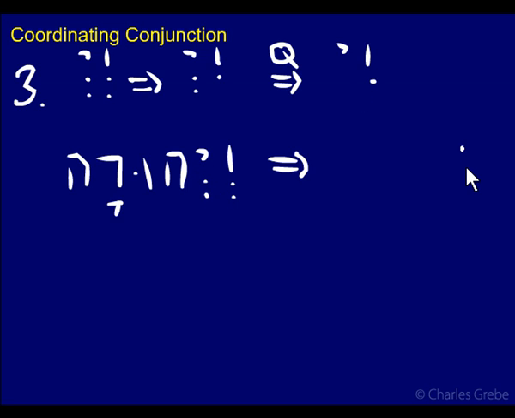You end up with V, Huda. Again, if you want to know the details here, go back to the lesson on quiescent letters. Okay, that's the third case.